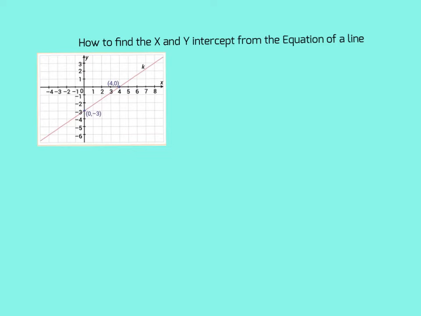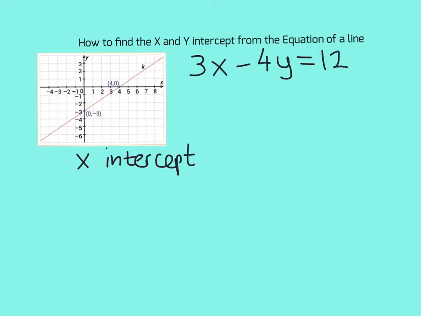So we know that the x-intercept is where it crosses the x-axis and the y-intercept is where it crosses the y-axis. So the equation that represents this line here in the graph is 3x minus 4y is equal to 12. And if I want to find the x-intercept for that, all I have to do is let y equal 0 in that equation there.